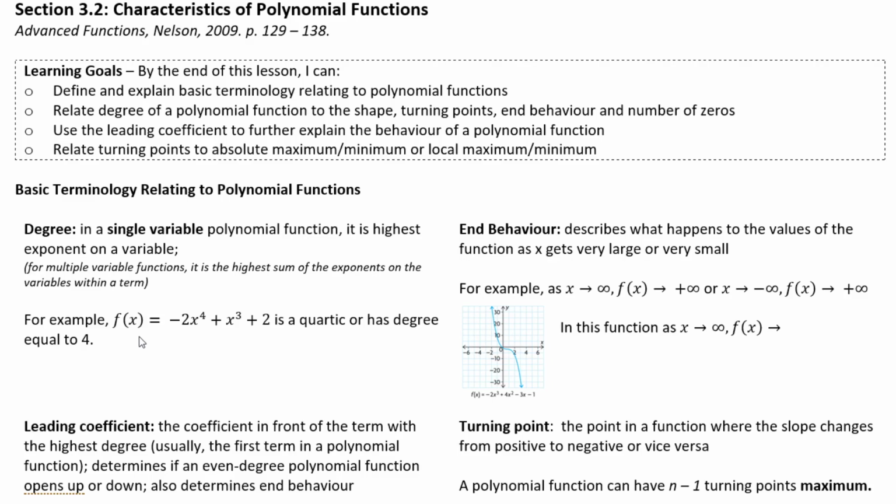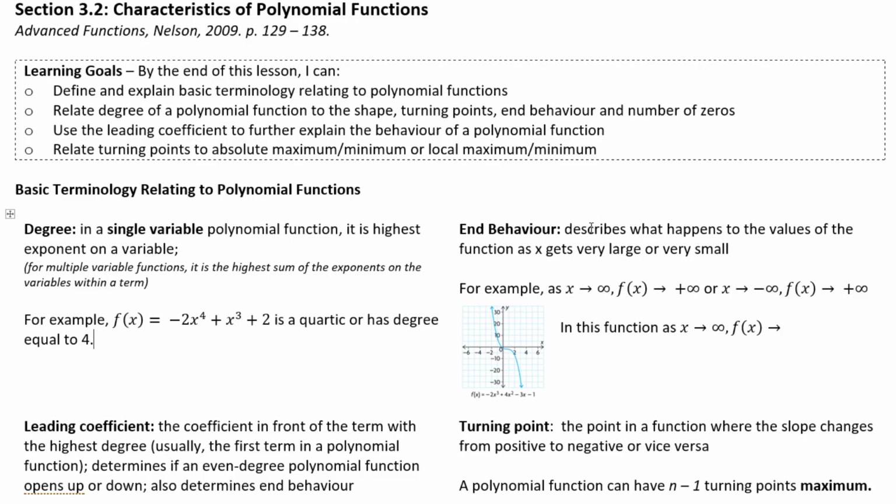So, for example, if we took a look at this function right here, f of x is equal to -2x^4 + x^3 + 2, we would consider that one to be a quartic, right? Because it has degree 4. The highest exponent there is 4, so that's a quartic.